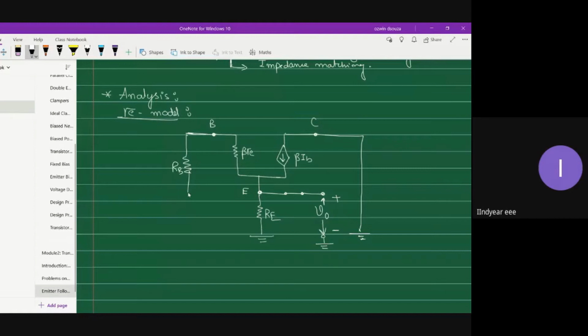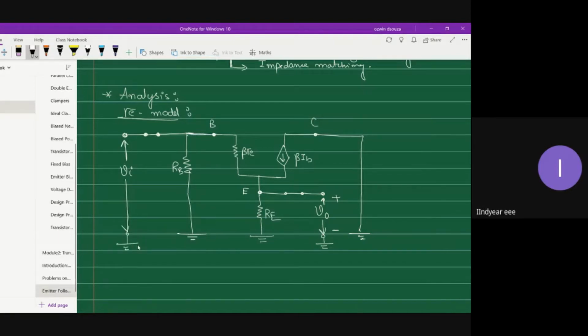The other end of RB is connected to VCC. For AC analysis, VCC is grounded, so the second terminal of RB is also grounded. And then you will have your input coupling capacitor, which is short circuited, and finally you will have your input voltage VI.